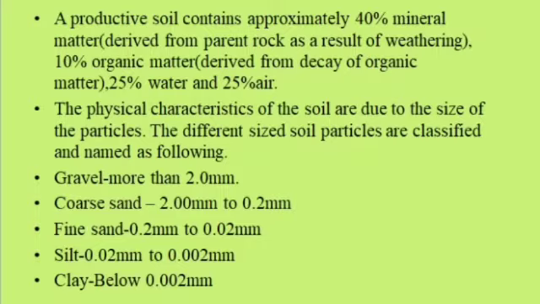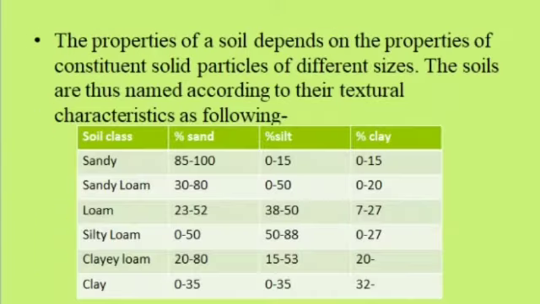The different sized particles are classified and named as following: gravel more than 2 mm, coarse sand size 2 mm to 0.2 mm, fine sand size 0.2 mm to 0.02 mm, silt 0.02 mm to 0.002 mm.